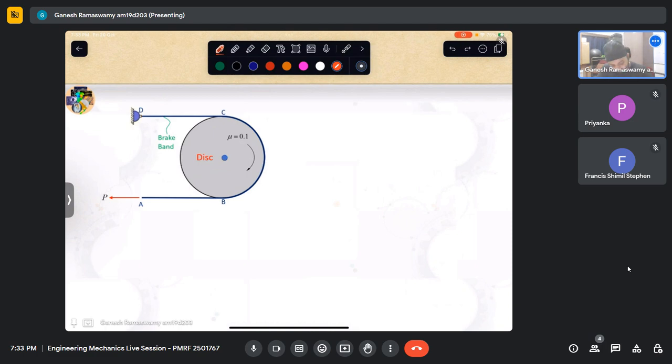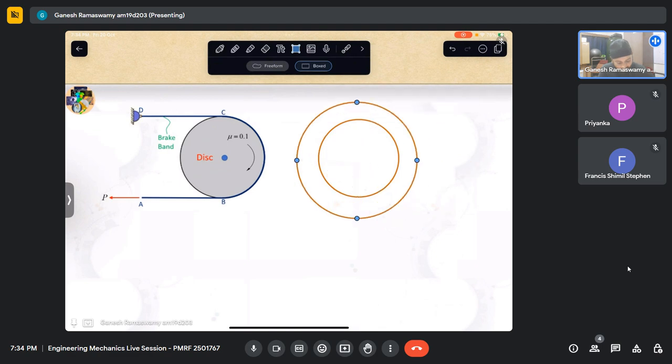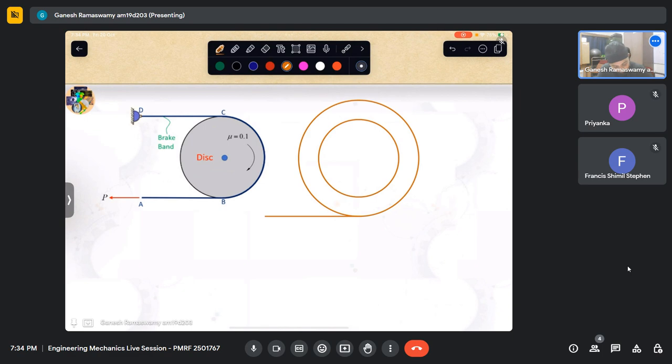So here, how to identify the friction direction. Let us quickly draw this and also draw the belt or brake band or whatever it is.